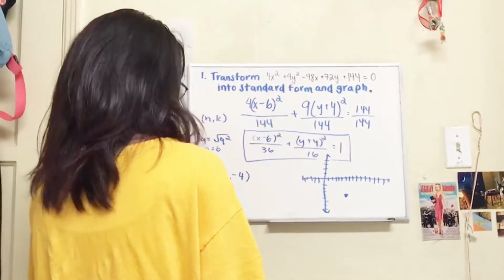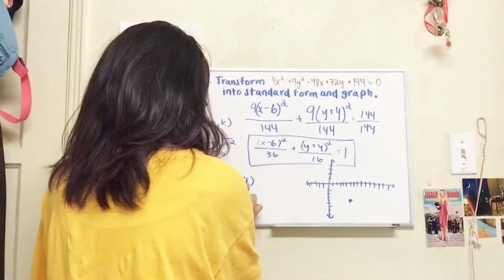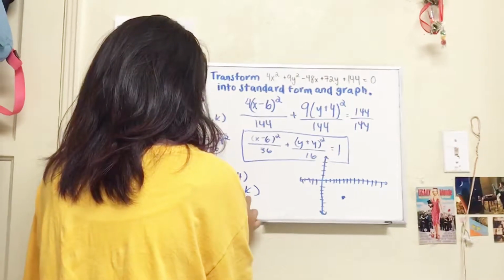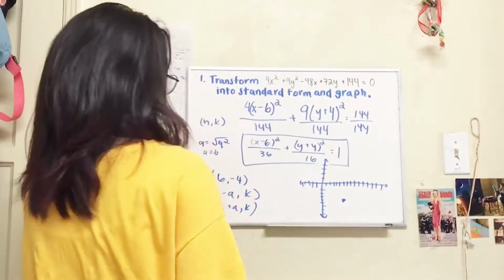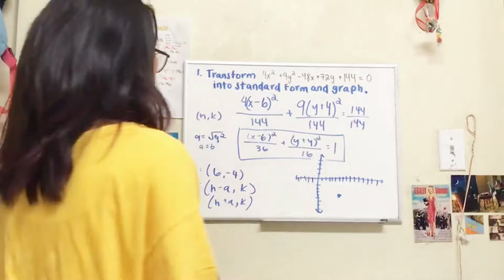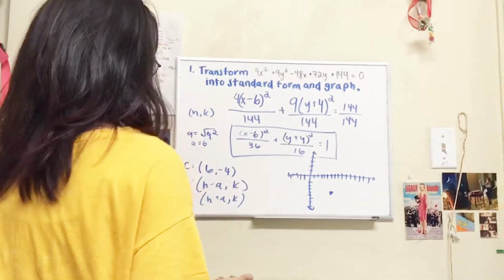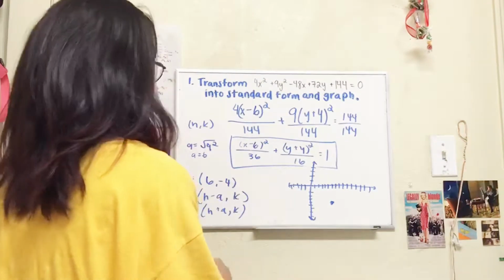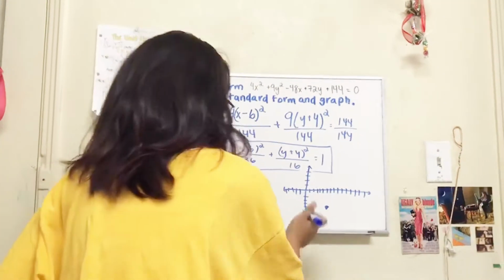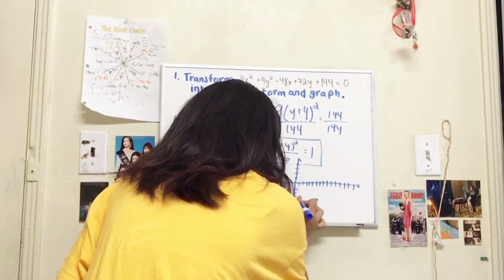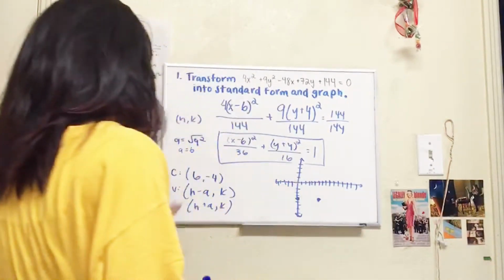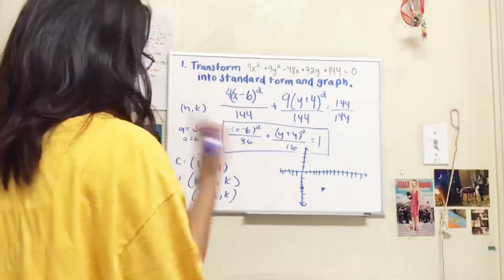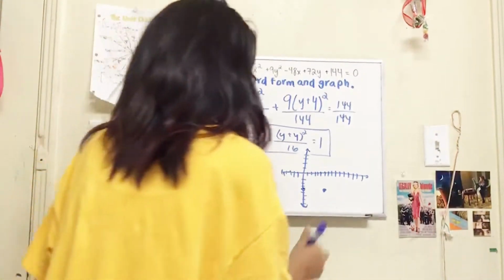So in order to find the vertices, we take h minus a and then h plus a in order to find our major axis vertices. So if we take h, which in this case is 6, and we subtract 6, we will get 0, -4. And then if we take 6 and add 6, we get 12, and in that case we'll get 12, -4.